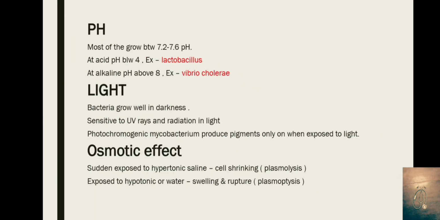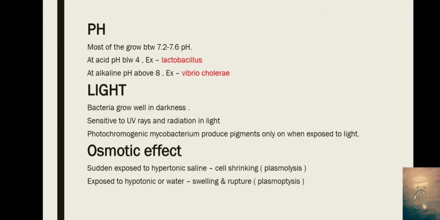And pH. Most bacteria grow between pH 7.2 to 7.6. That means slightly basic. At acidic pH below 4, some bacteria grow. Example, Lactobacillus. At alkaline pH above 8, some bacteria can grow.